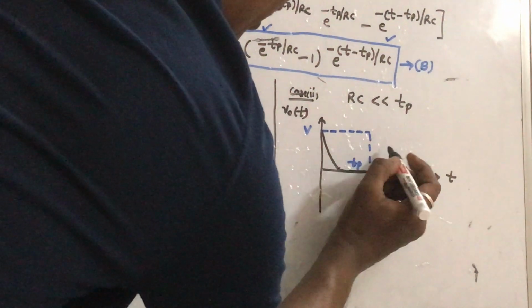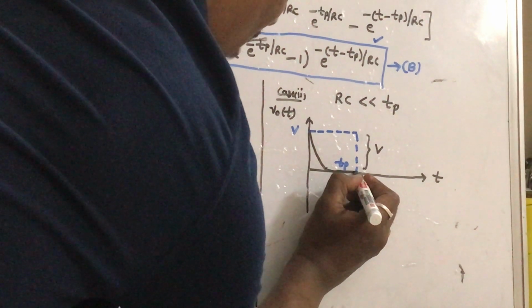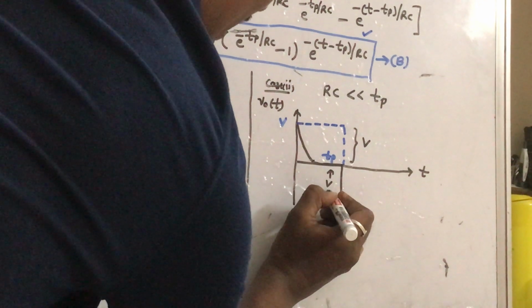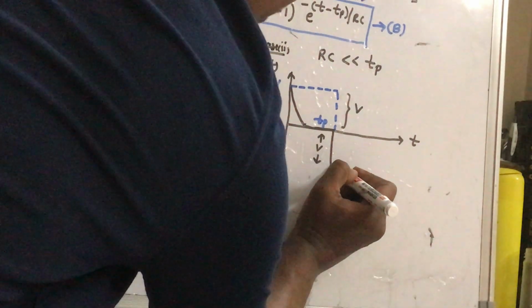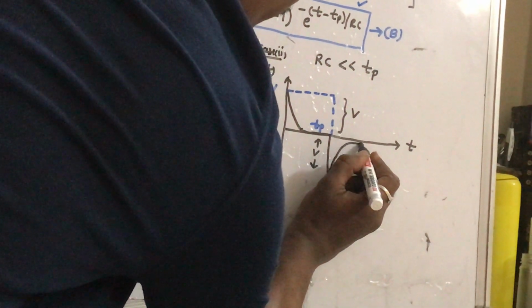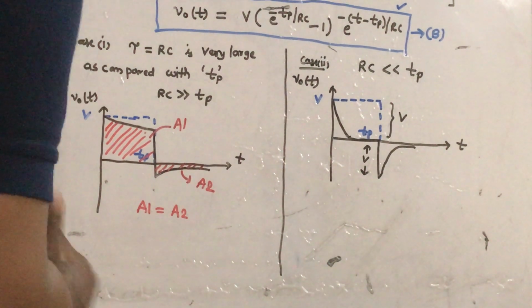At t equal to Tp, since the input voltage changes by V amplitude, the same amount of change will appear across the output. Now since the time constant is very small, the output will decrease exponentially towards 0. This is one more factor you have to observe.